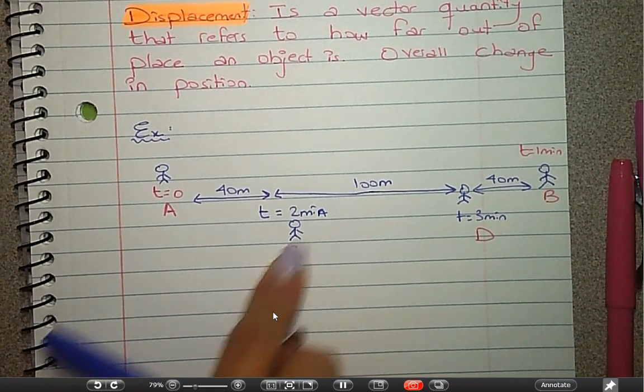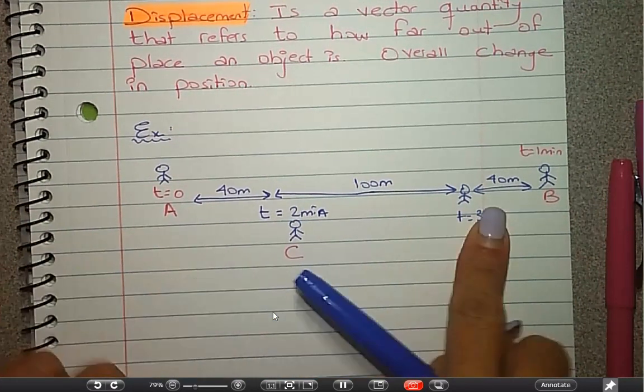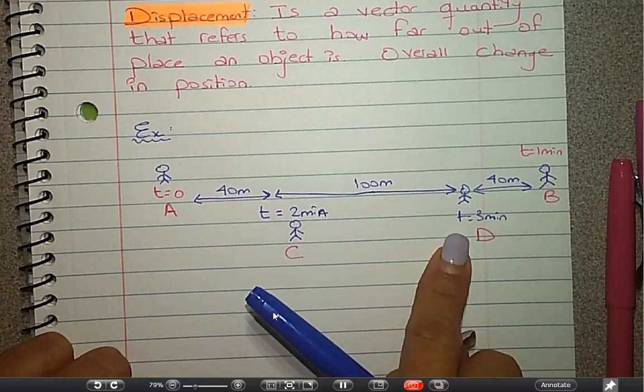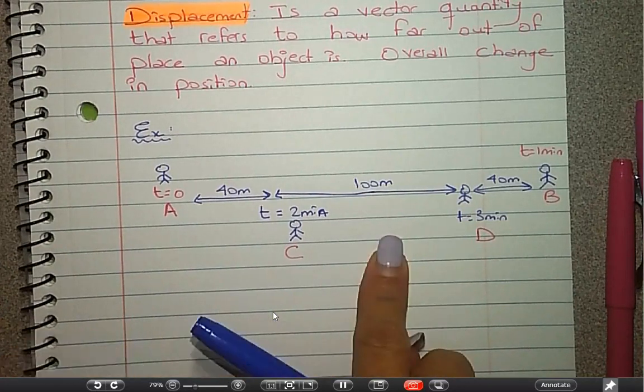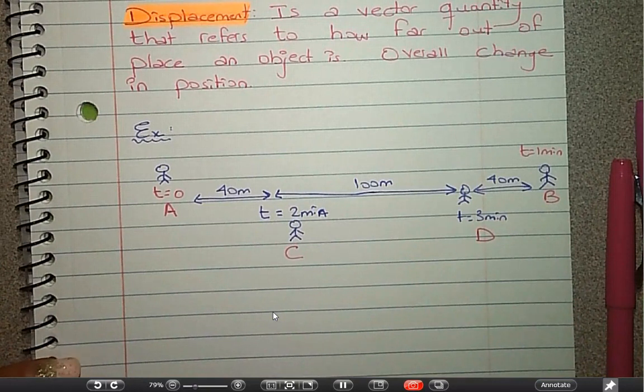So he got to that 2 minute. And then he went straight in the same direction to get to that 3 minute. So how do we find which one is the distance, which one is the displacement?